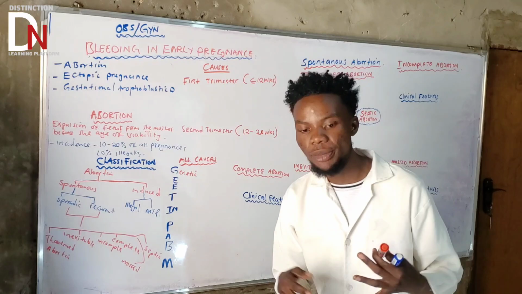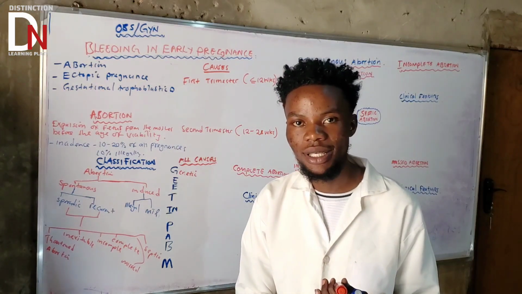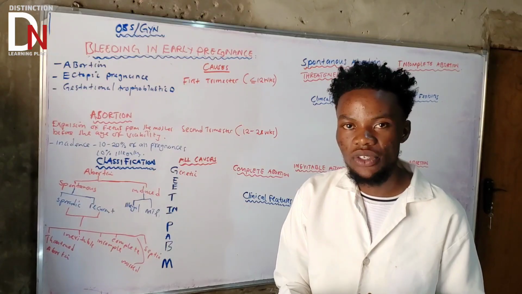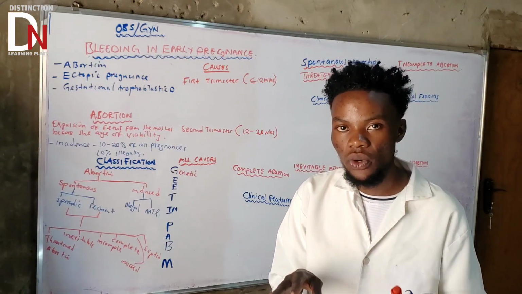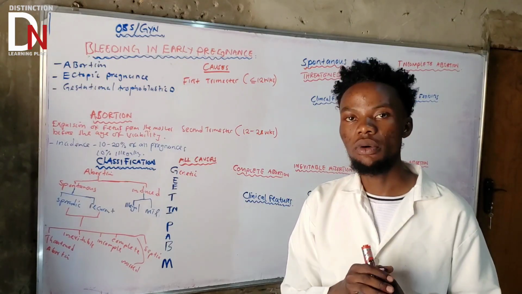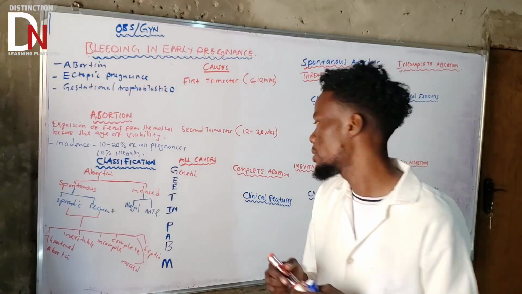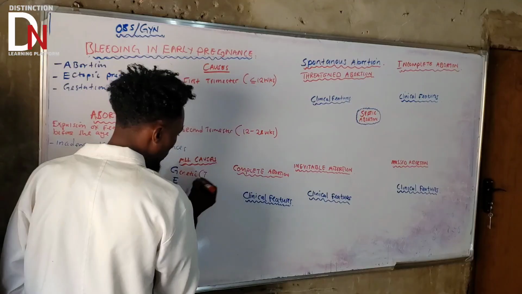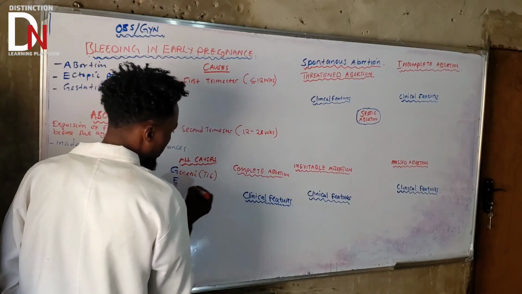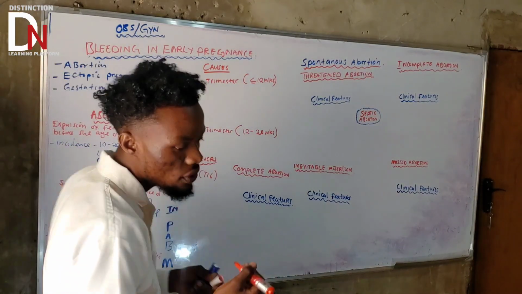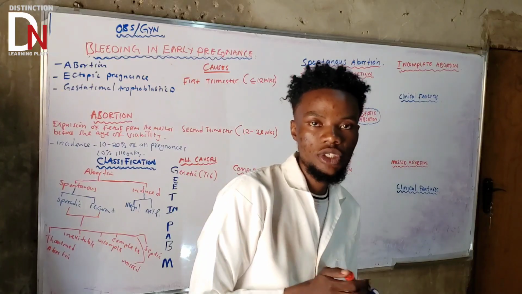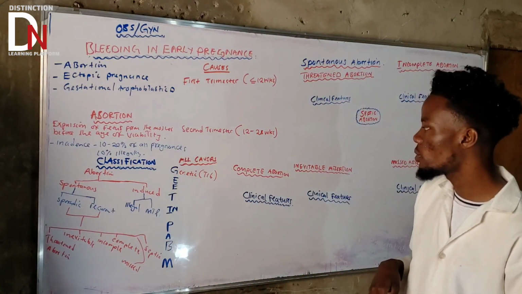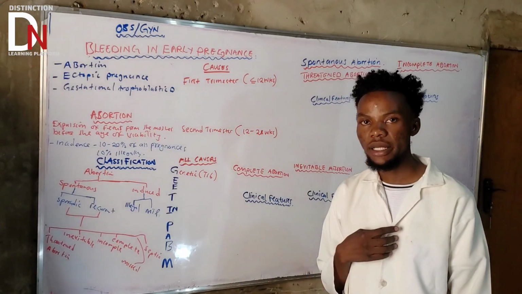But which one is the common? We've got trisomy 21, which is Down syndrome. We've got trisomy 18. We've got trisomy 16. But among those trisomies, the most common cause is trisomy 16. Trisomy 21, which is Down syndrome, is also a common cause. But the most common cause is trisomy 16, because the fetus can't survive.